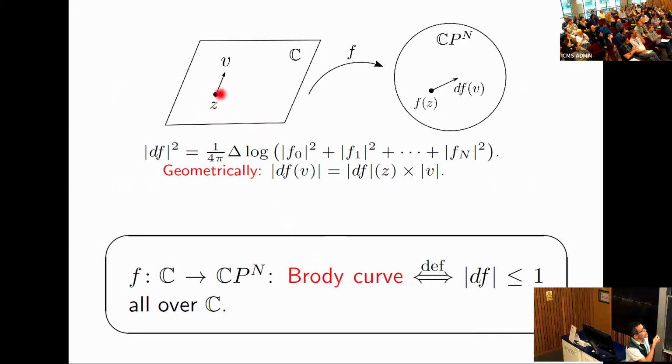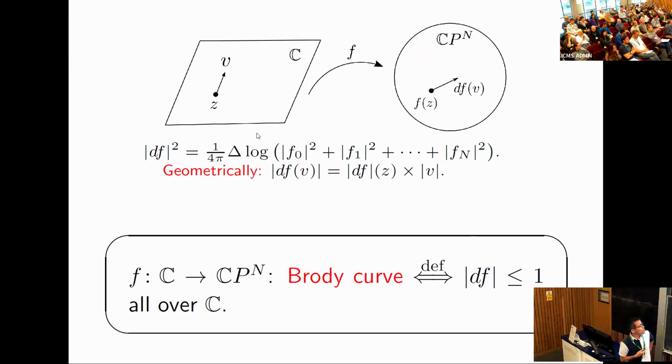Then the point z goes to the point f(z), and the tangent vector v goes to df(v). CP^N has a standard metric called the Fubini-Study metric. Then the Fubini-Study length of the tangent vector df(v) is equal to the spherical derivative times the Euclidean length of v. This is the geometric meaning of this somewhat complicated formula.